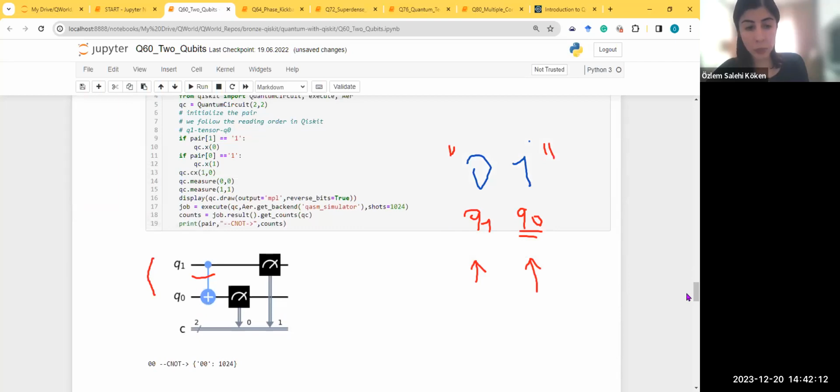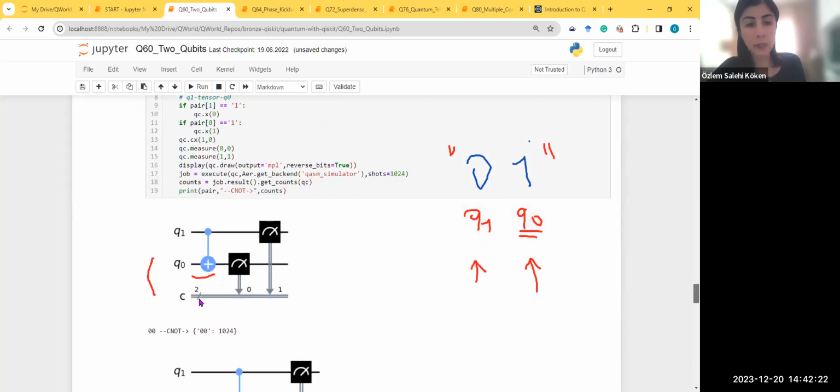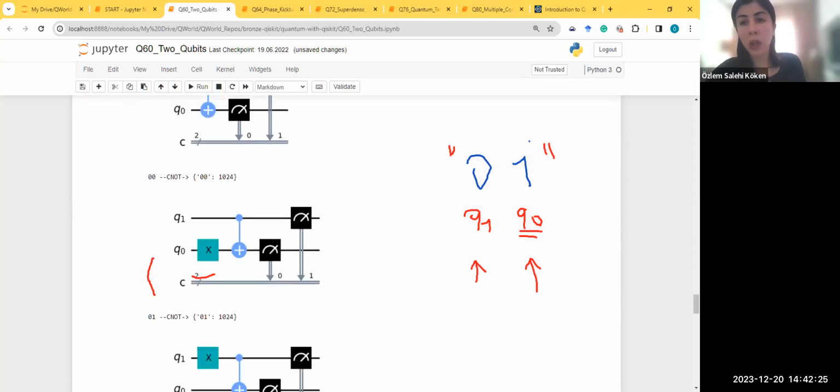If the input is 0, 0 and we apply a CNOT, then nothing happens in the output. You still get 0, 0. And by input, I mean the state we prepared; this part is preparing the input. So the input is 0, 1, and we are getting 0, 1.